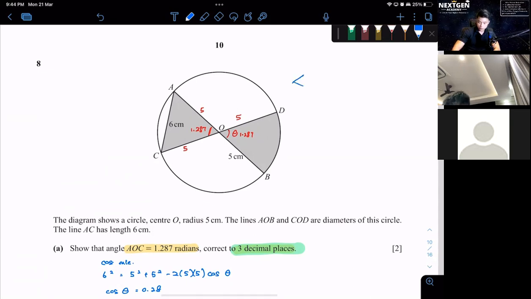Okay, so I can use this. This will be my sector OBD, which will be half r squared theta. Okay, calculate this. You should get 16.0875.